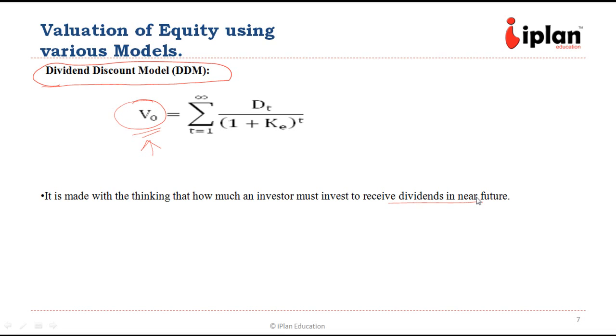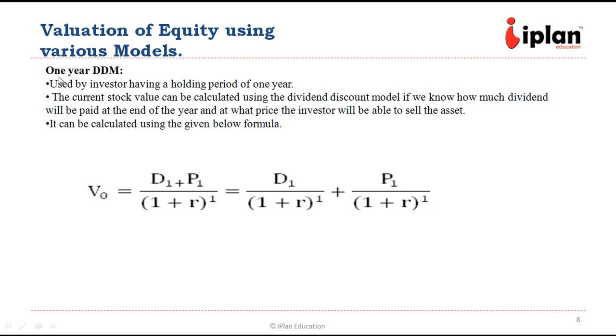First let us look at the simplest case of dividend discount model, the 1 year dividend discount model, in which the holding period of an investor is just 1 year. We know the current stock price, the expected dividend at the end of the year, the expected price at the end of the period, and finally the required rate of return.